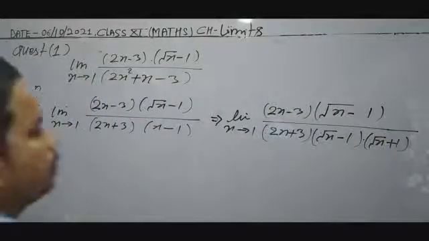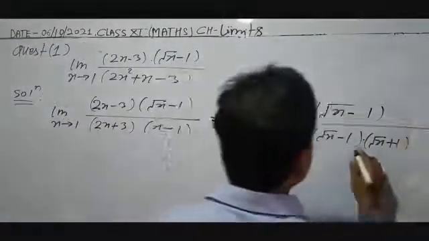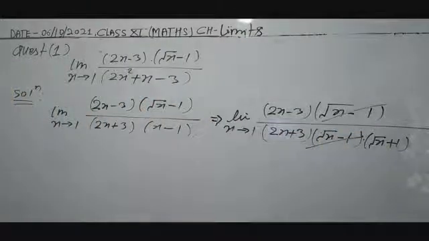Now from numerator and denominator the root over x minus 1 part will cancel out. So now you have to put its limit, x tends to 1.